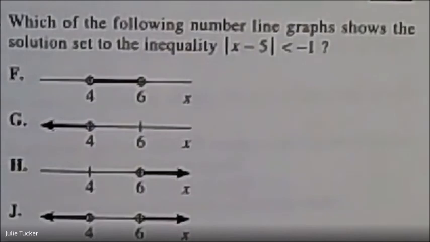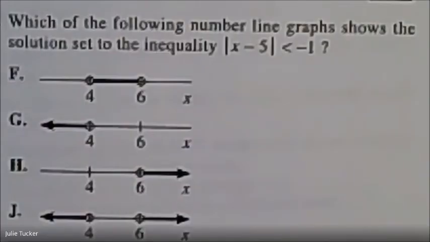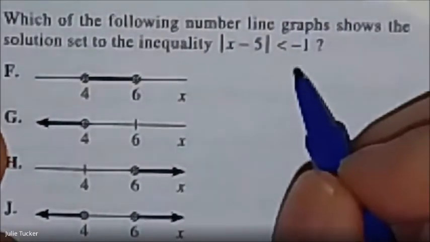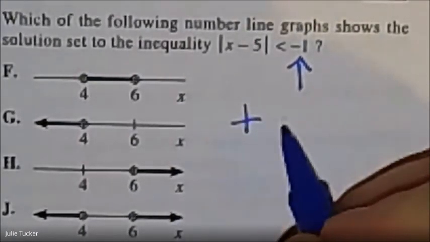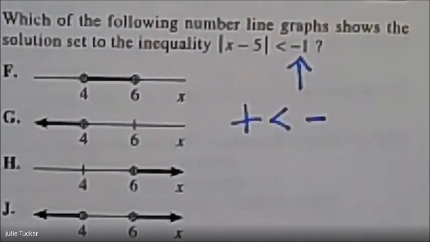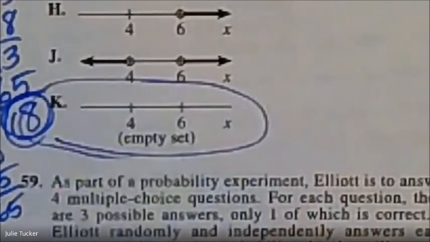Except absolute value makes an answer positive. An absolute value expression makes an answer positive. And this is a negative number. So how could a positive number be less than a negative number? So the answer is no solution.